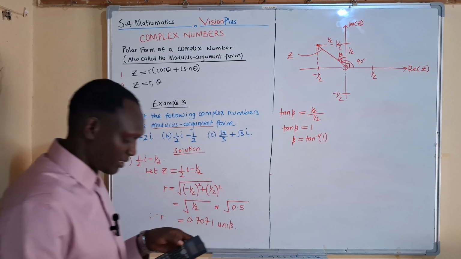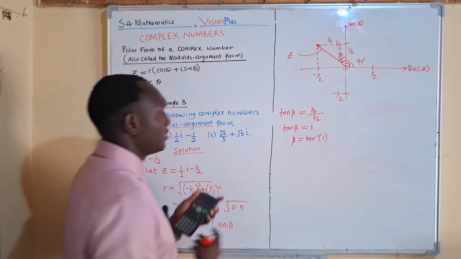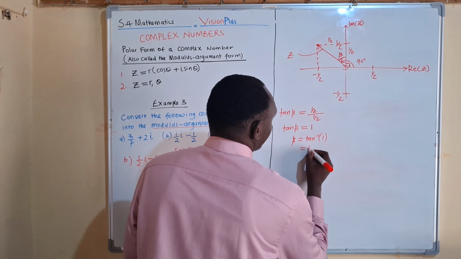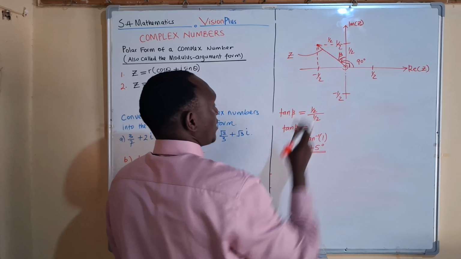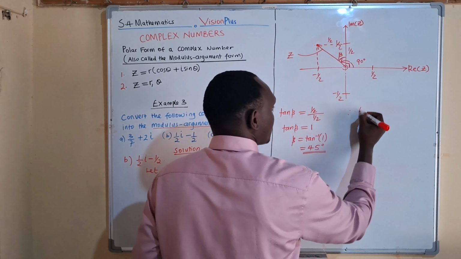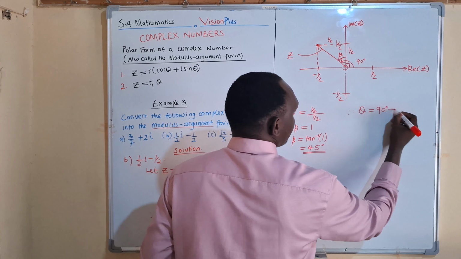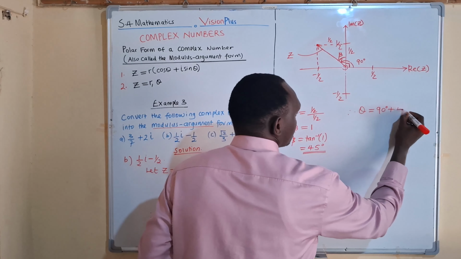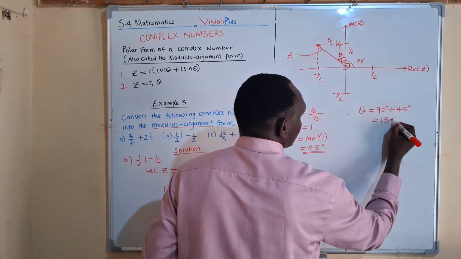So you just press the calculator, press shift and tan, it gives you tan inverse of 1, which is 45 degrees. This is just that small angle. Therefore, now our theta, which is the argument, becomes 90 degrees plus the small angle that we obtained, 45 degrees. This here gives us 135 degrees.